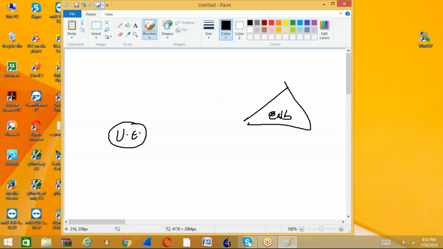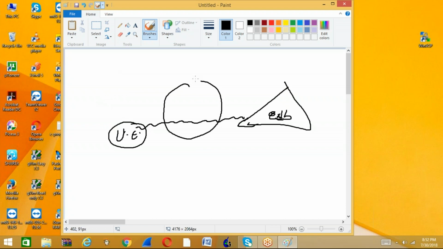So basically, this is the mobile and this is the base station. Between the mobile and the eNodeB, we have some challenges in the air interface.